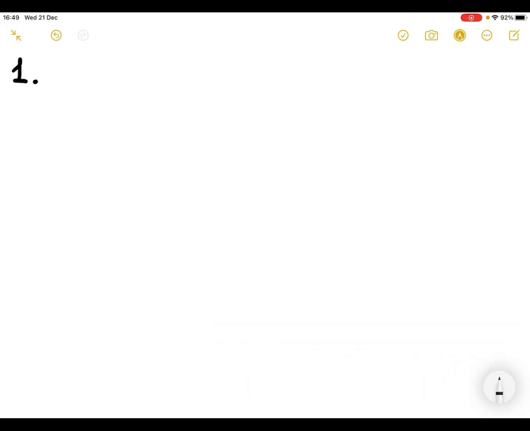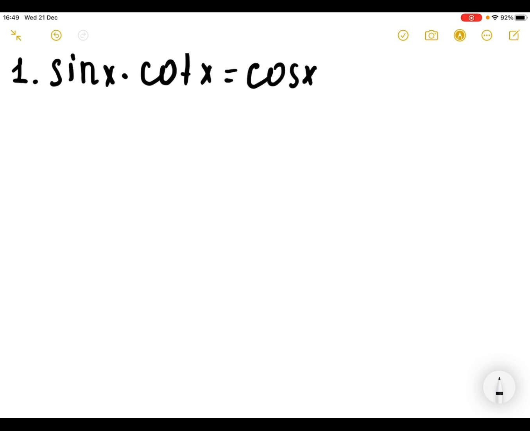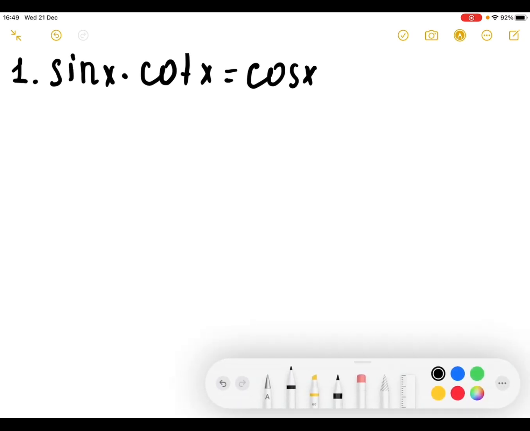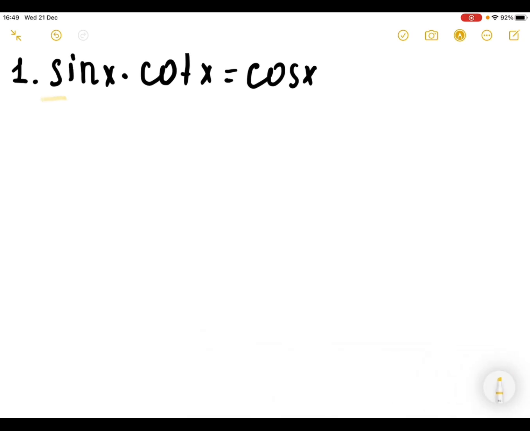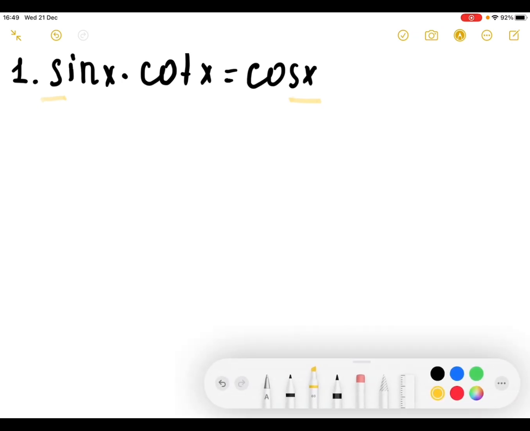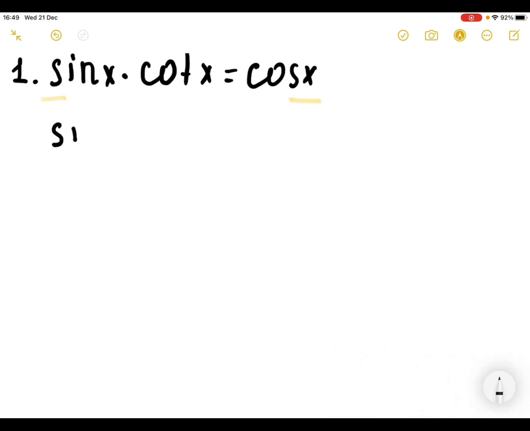Our first example: verify the identity sine x multiplied by cotangent x equals cosine x. You can begin with either the left-hand side or the right-hand side. In this example, we will show both operations. Working on the left-hand side, sine x multiplied by cotangent x, you can change by substitution cosine x divided by sine x.